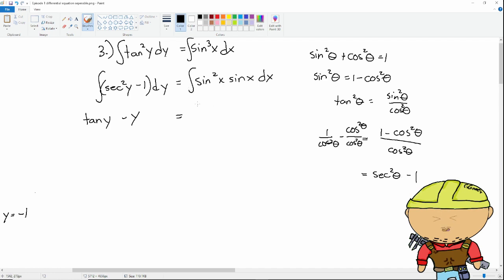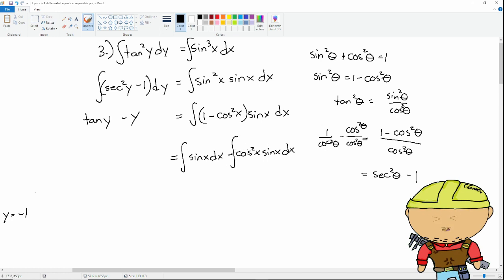There's no direct integration yet, but sine square x is equal to 1 minus cosine square x, multiplied by sine x dx. Simplifying further, we have the integral of sine x dx minus cosine square x sine x dx. We have two terms that need integration.